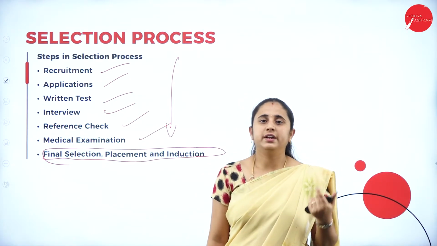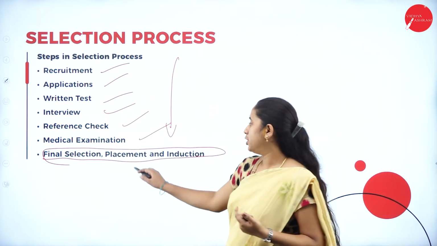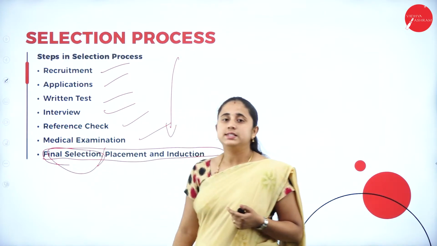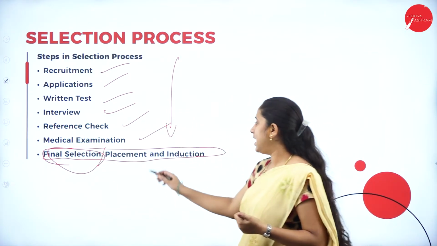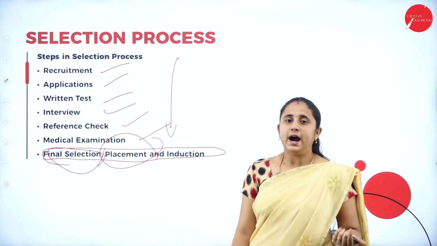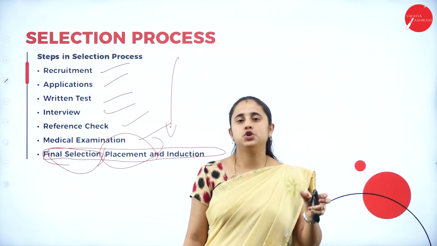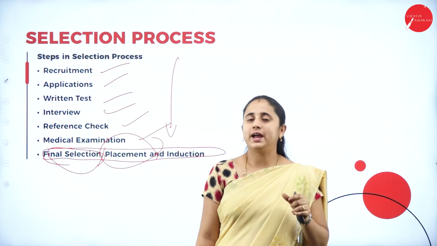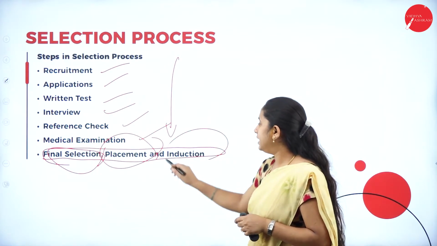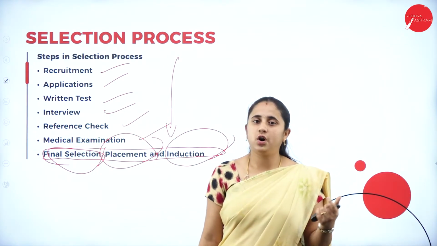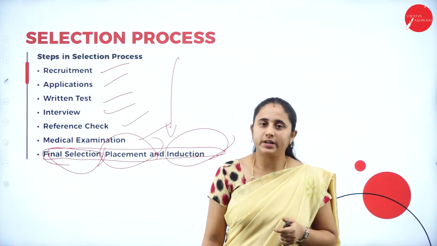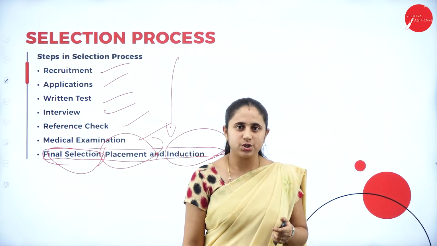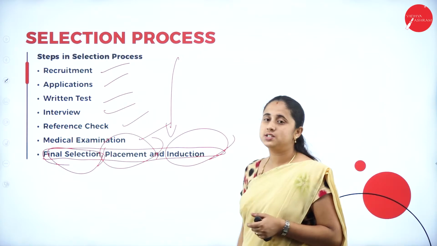We are going to fill the number of requirements in the final selection process. After that, placement. Under placement, assign the right job to the right employee, the right candidate. Then induction: introduce your employee to the working environment and working culture. So these all are the selection process.